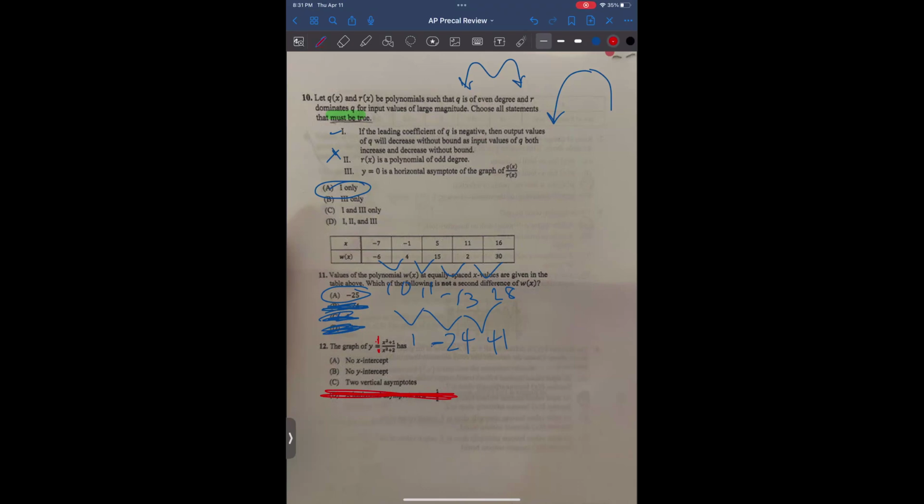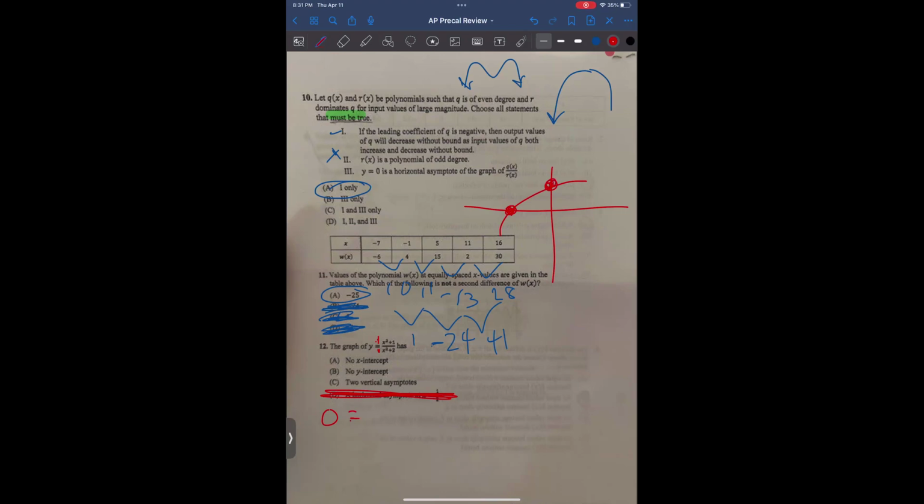So I'm going to go ahead and solve for the x-intercept and y-intercept. Remember, the x-intercept is where your y equals 0, and the y-intercept is when your x equals 0.